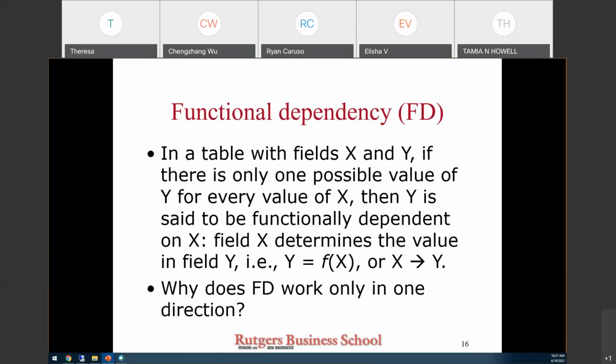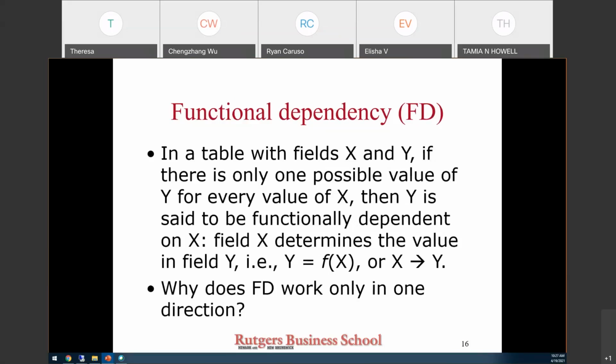In order to describe the process of database normalization, it is necessary to explain the concept of functional dependency.